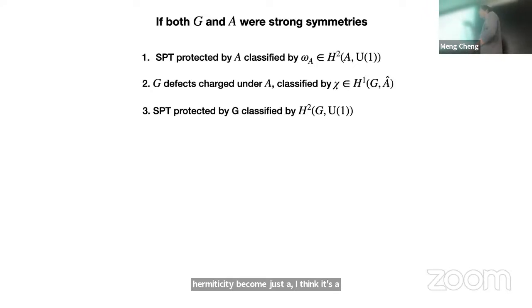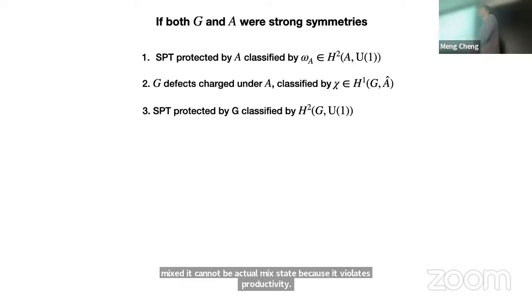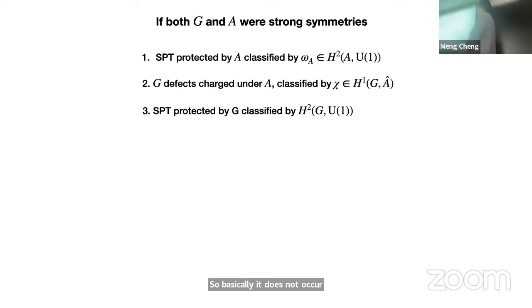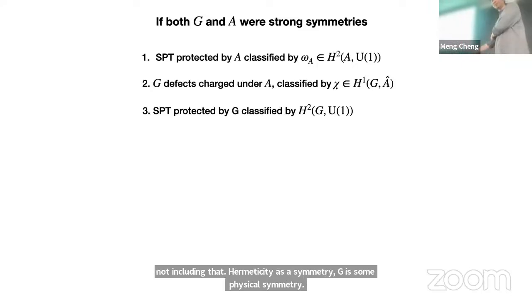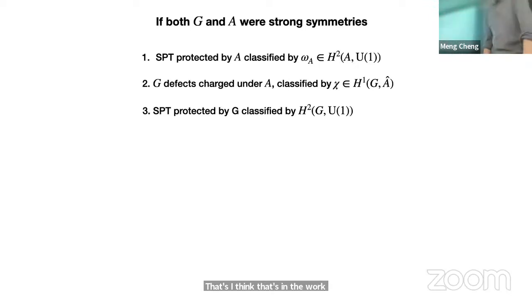And naively, you can have SPT protected by that for the double state. But it turns out that the SPT cannot be an actual mixed state because it violates positivity. So basically, it does not occur. Right. Although here I'm not including that hermiticity as a symmetry. G is some physical symmetry. Right. But I think that's in the work of Ruochen, some unpublished work. Yeah.